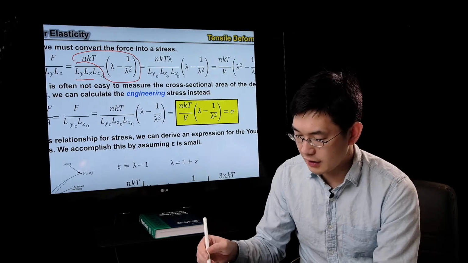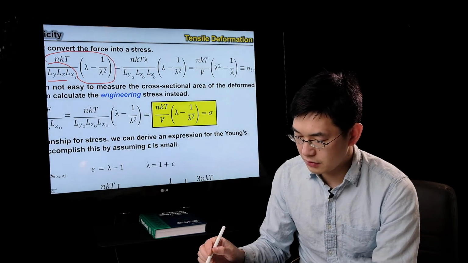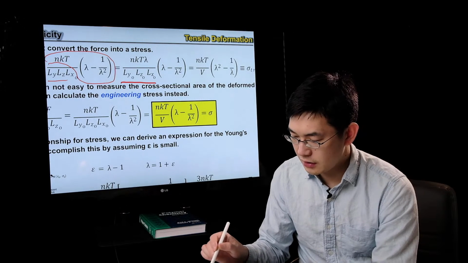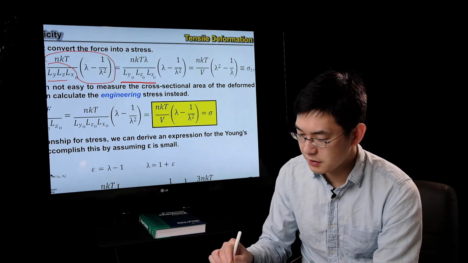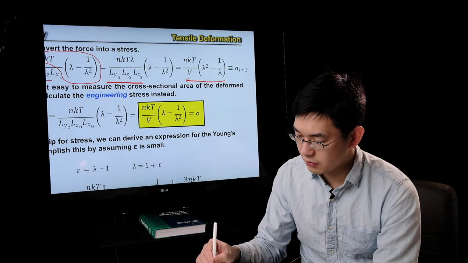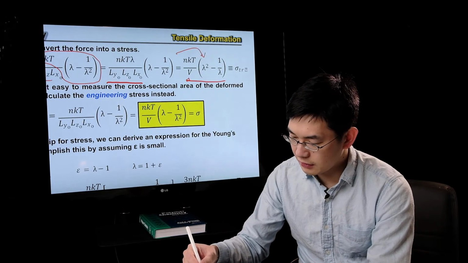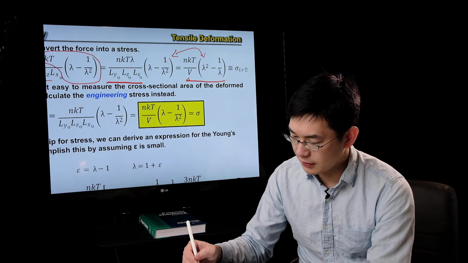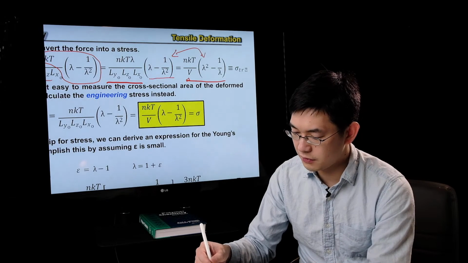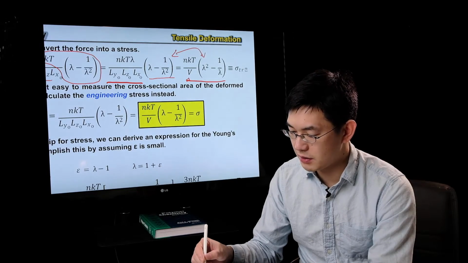You need to divide by the area, and you can convert the area to what you have known as the L0, Y0, and that will give you the V. V is the volume of your initial state, and the difference is you got one additional lambda here. Remember, the force has only a linear dependence on lambda, but now the stress depends on lambda squared.